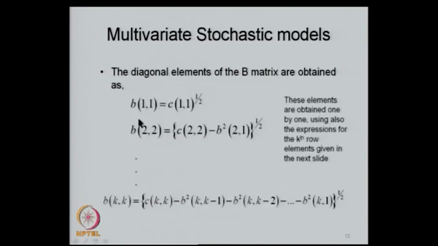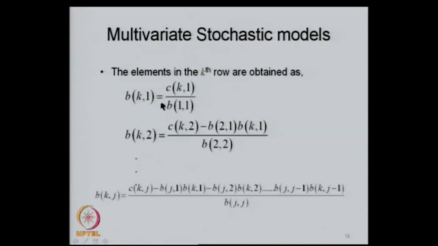So, all of these expressions can be used to determine all the P by P elements. This is for the diagonal elements and this is for the other elements in the kth row. So, k is equal to 1, 2, etc., up to P.